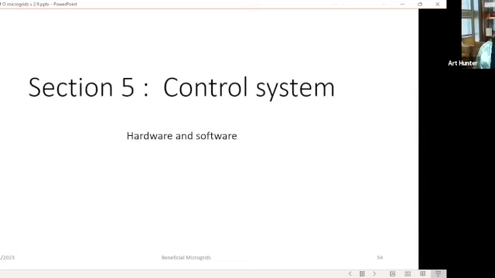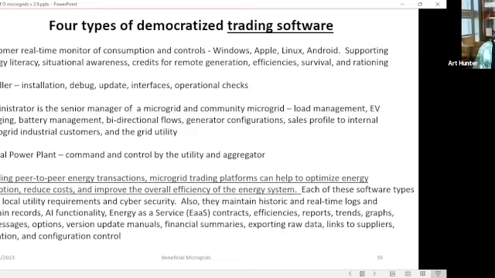Control systems, hardware and software. Well, of course, this is trading software, and there are really 4 types. You've got the customer software, which is typically for the homeowner, and it's monitoring consumption and controls on all operating systems, and it certainly is educational to the customer.